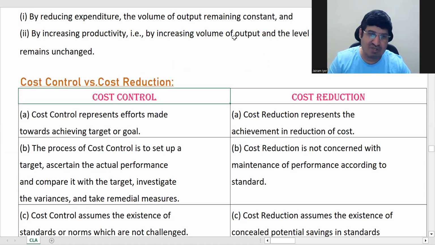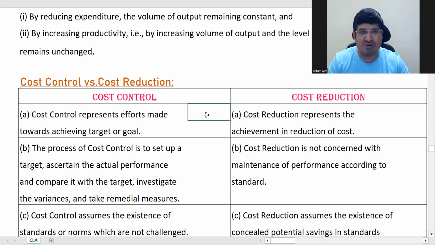Now, certain differences you can directly say without even seeing anything. Cost control uses standards. Cost reduction doesn't use standards. Many other things you can say about cost control will be related to standards.